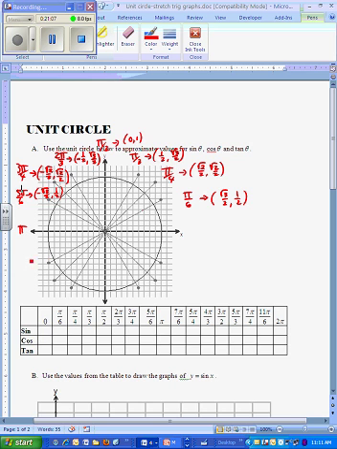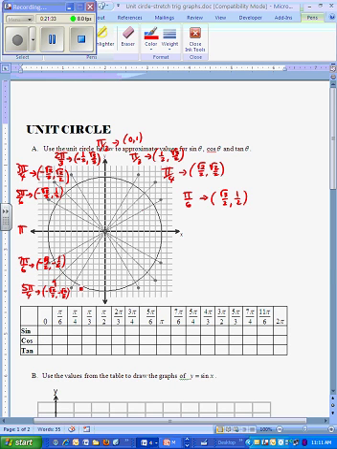Then if I keep on going on, this one's a little bit more than 1, so it's 7 pi over 6, which would give me negative square root of 3 over 2, negative 1/2. This one would be 5 pi over 4, just a little bit more than 1, which gives me negative square root of 2 over 2, negative square root of 2 over 2.